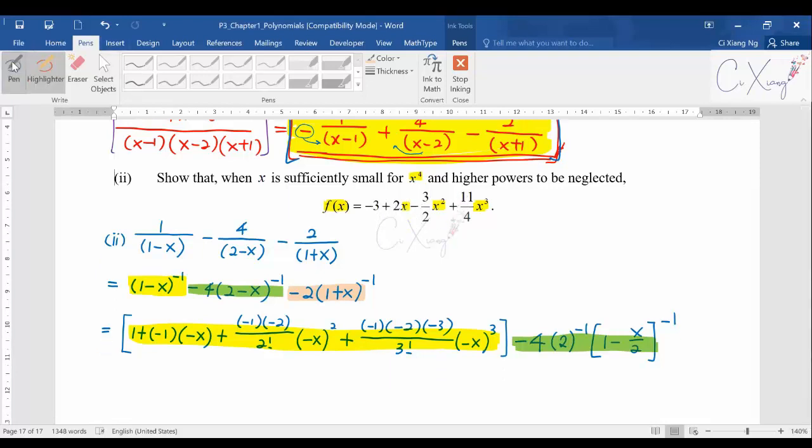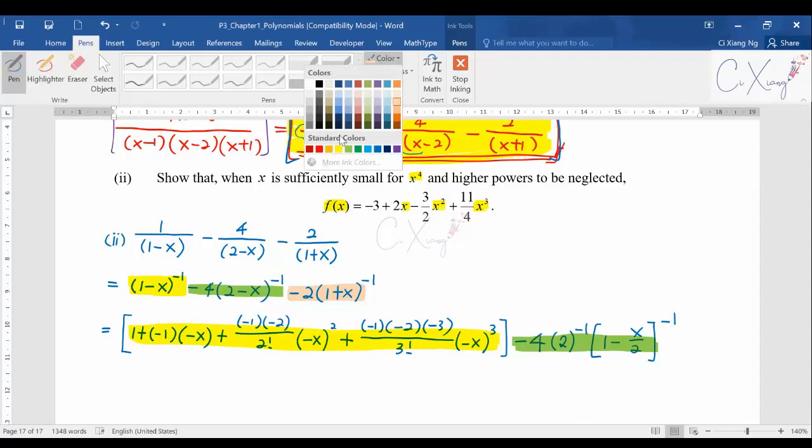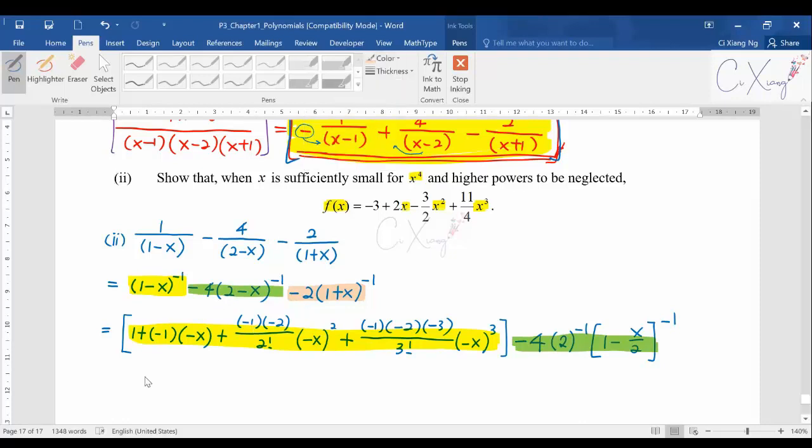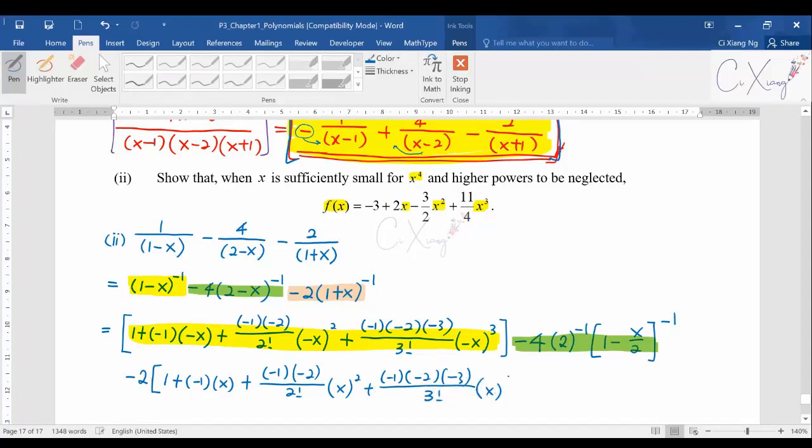Okay, I scroll down a bit. Negative 2, you just copy negative 2. Then for the expansion here: 1 plus nx plus n minus 1 divided by 2 factorial, x squared, plus n minus 1, n minus 2 divided by 3 factorial, x power 3.